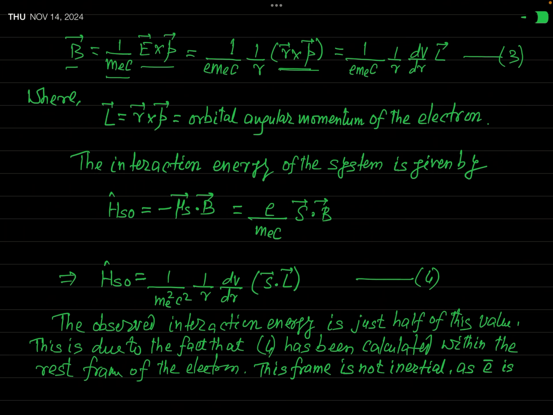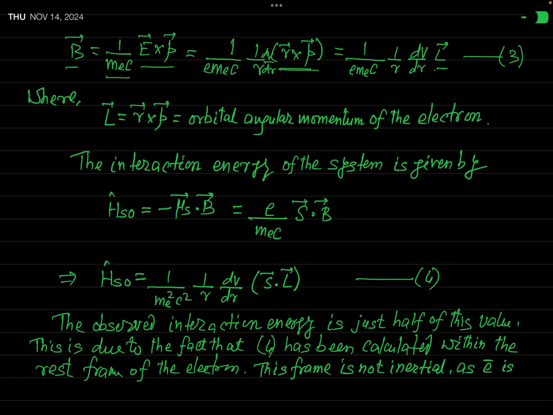This is the orbital angular momentum, denoted by the symbol L. Sorry, here there will be dV by dr: 1 over e m c times 1 over r dV by dr, r cross p.